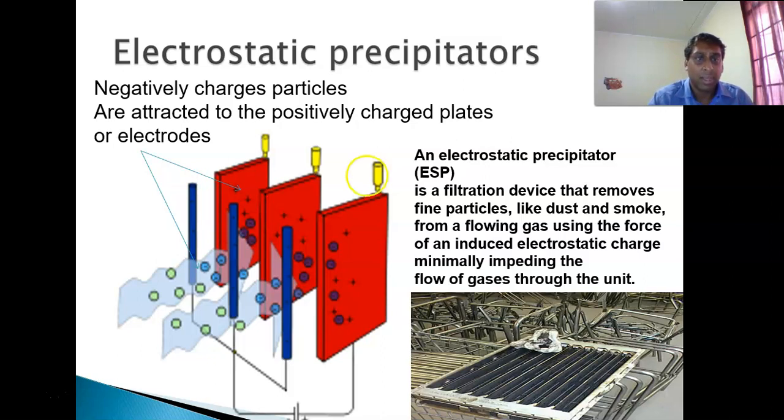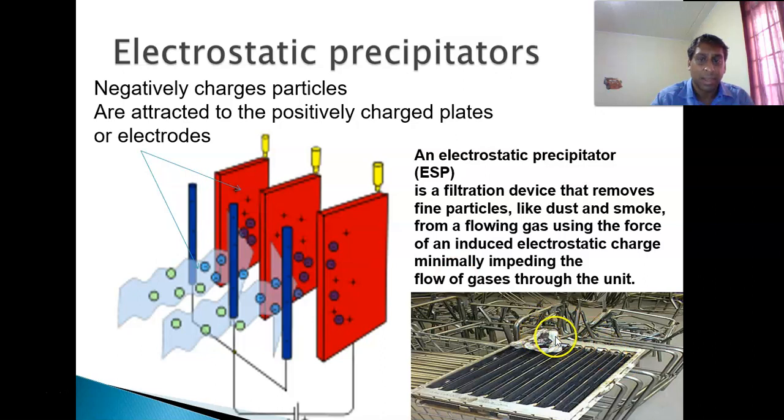That current is negatively charged, so the contaminants in the airstream will pick up that negative charge and be attracted to the positive plates. These are normally pieces of iron in the filter system, and the negatively charged contaminant will be attracted to the positive plate, like flies to honey.